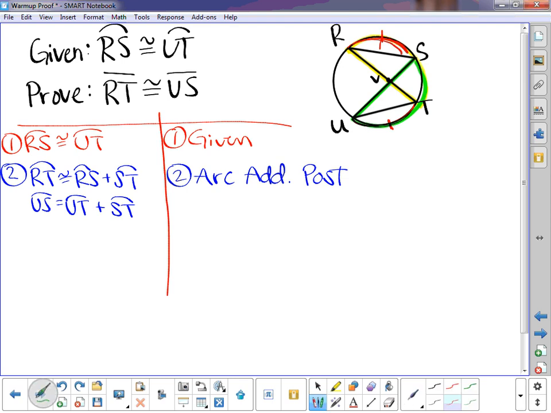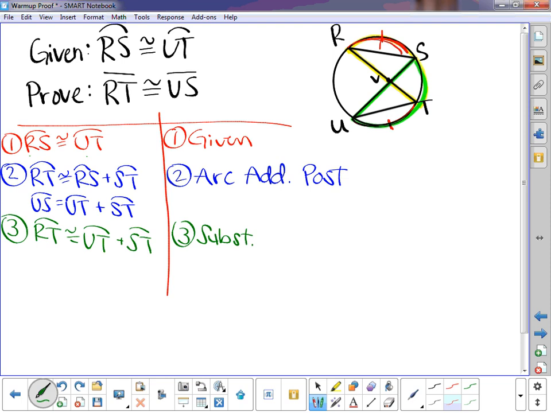You already stated that RS and UT are the same, so use substitution. That sounds wonderful, Woody. RS and UT are the same, so let's substitute that into one of our segments. I'm just going to do the first one. So arc RT instead of RS, I'm going to use UT. And ST. And that's just substitution.